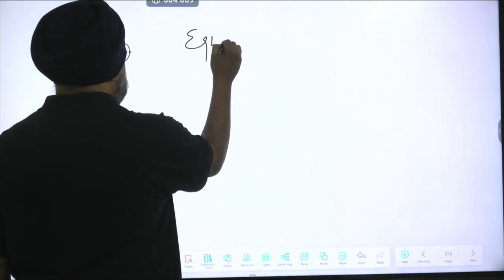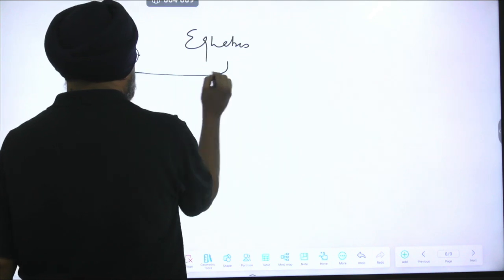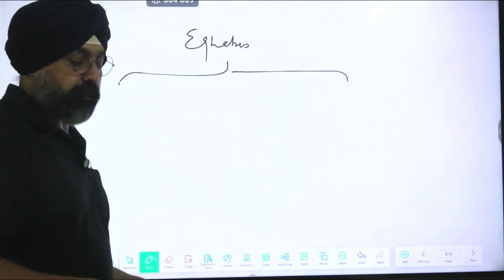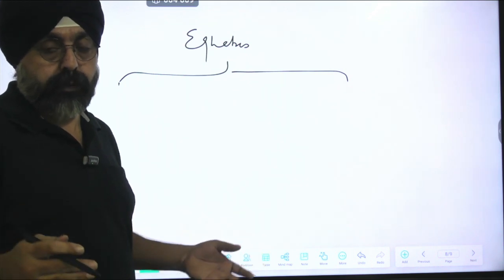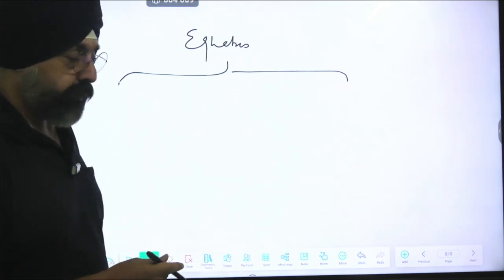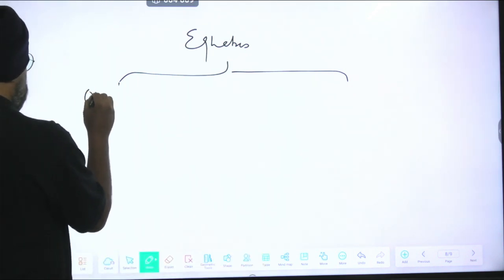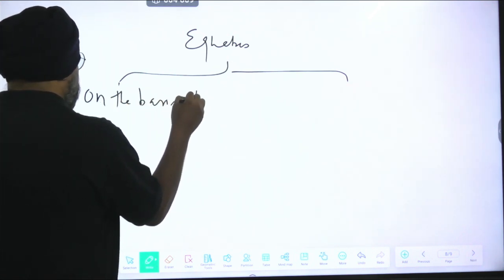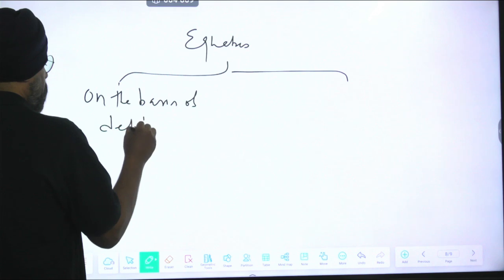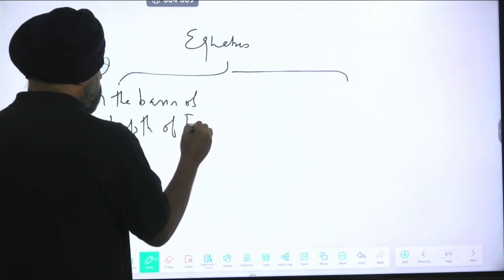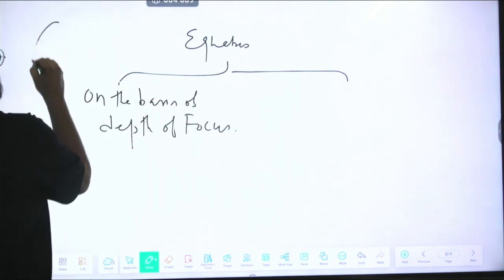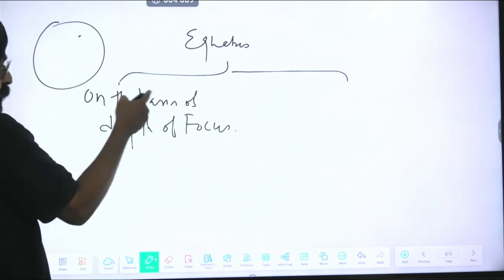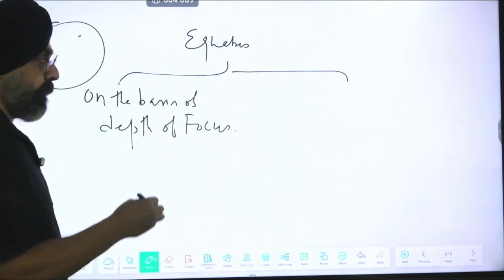Earthquakes. There are several types by which we can classify the earthquakes, but we are picking up only two types. First one is on the basis of depth of focus. This is Earth, from where the seismic activity, earthquake activity starts.